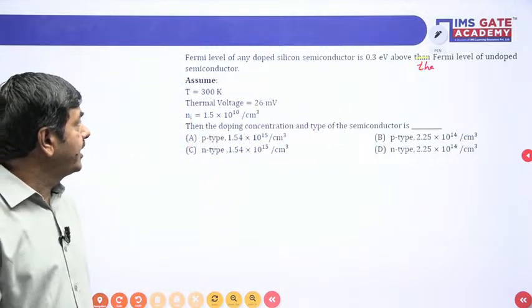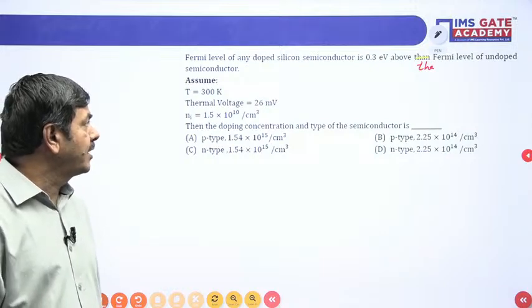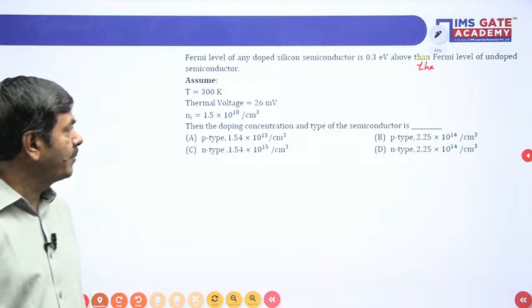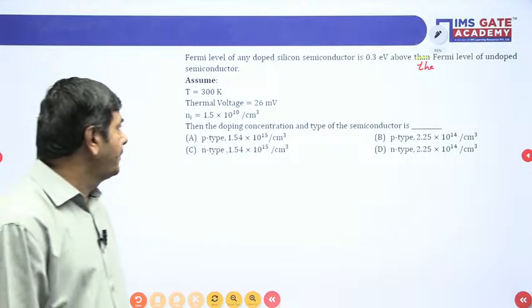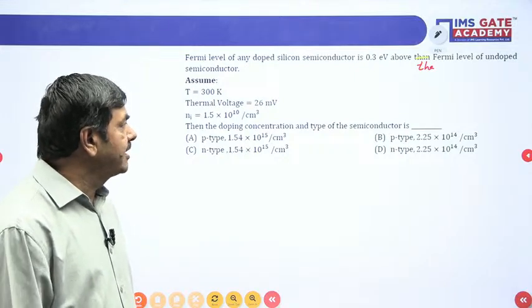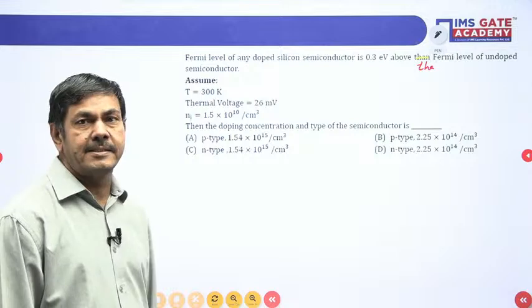Assume T equal to 300 Kelvin, thermal voltage 26 millivolts, Ni equal to 1.5 into 10 power 10 per cm cube. Then the doping concentration and type of the semiconductor is.